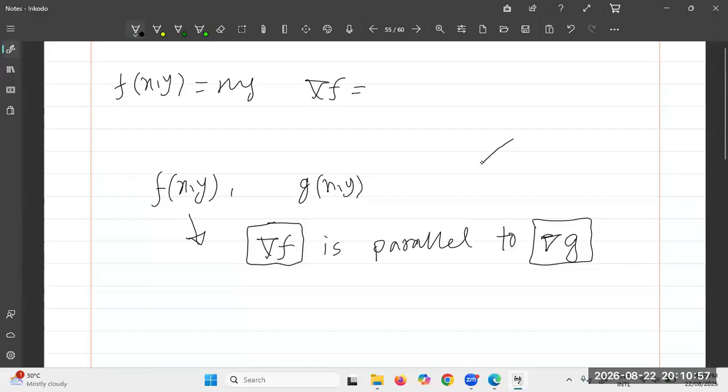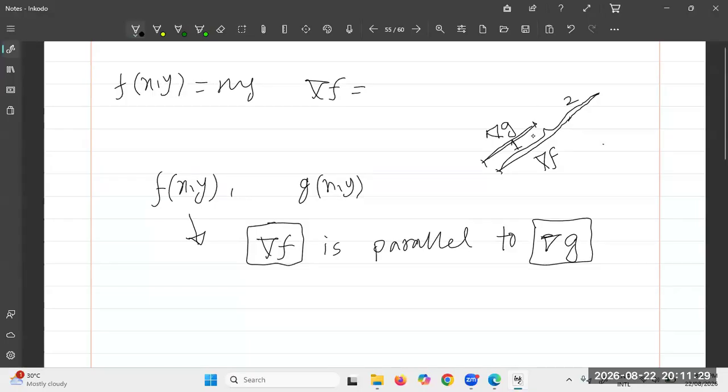So we have one condition, these two vectors are parallel, but not necessarily are the magnitudes of those vectors equal. So let's say this is gradient of f and this one is gradient of g. Gradient of f is, let's say, 2 units in length, and the length of the gradient of z is, let's say, 1 unit. Two vectors are equal when their magnitudes and directions are both equal.